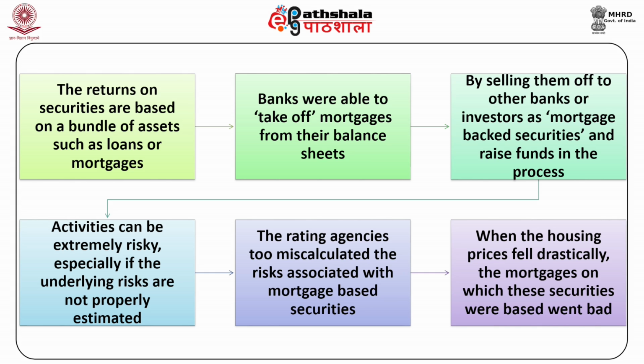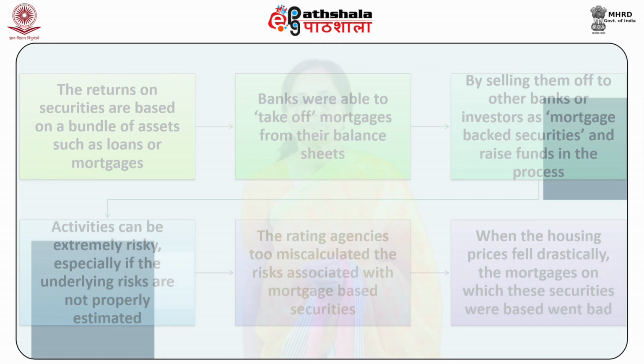However, such activities can be extremely risky, especially if underlying risks are not properly estimated. During the financial crisis, the rating agencies too miscalculated the risk associated with mortgage-based securities. When the housing prices fell drastically, the mortgages on which these securities were based went bad.